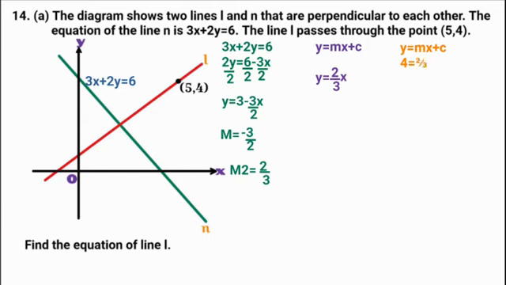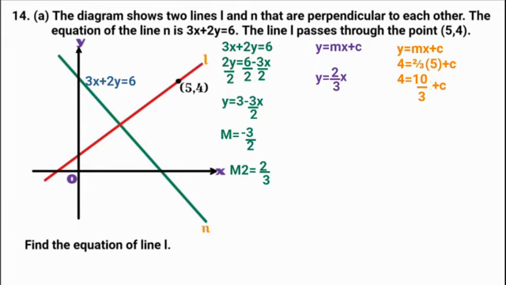What's the value of x? It's 5, so we multiply by 5 plus c. Evaluating 2 over 3 multiplied by 5, we get 4 is equal to 10 over 3, plus c.